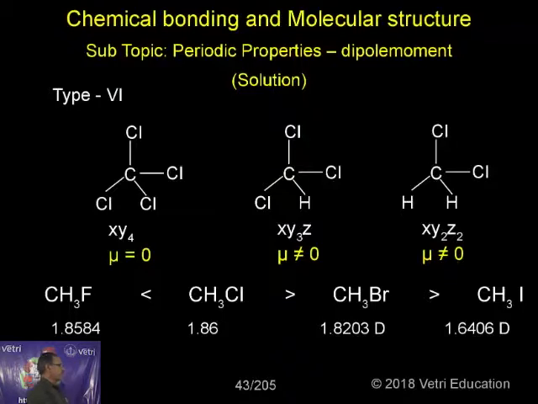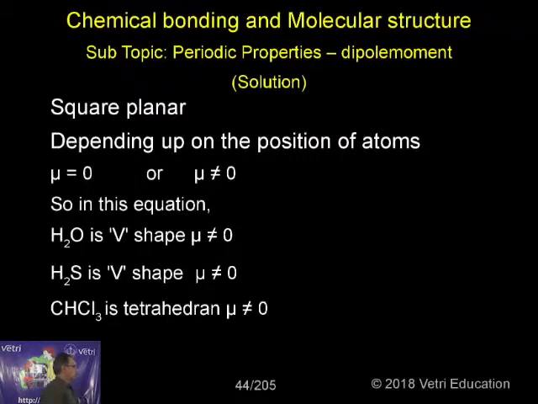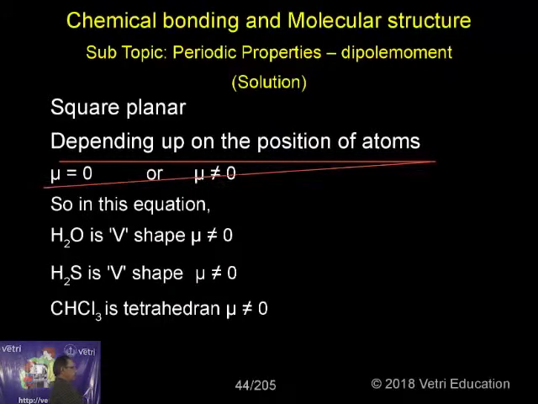For example, carbon tetrachloride is 0, whereas chloroform is not 0, and dichloromethane is not 0. Here the values are given for methyl fluoride, methyl chloride, methyl bromide and methyl iodide. For square planar, depending upon the position of the atoms, mu is equal to 0 or not equal to 0.